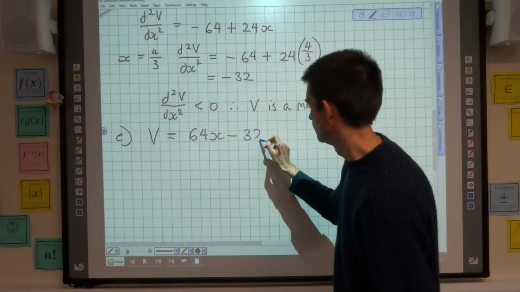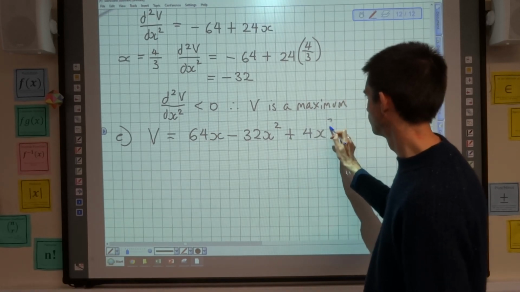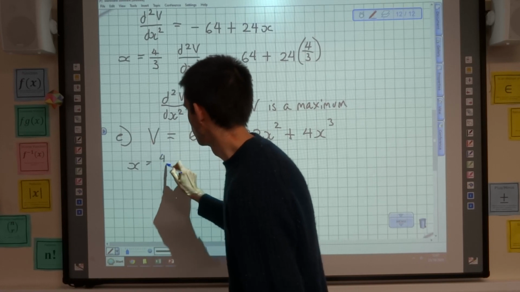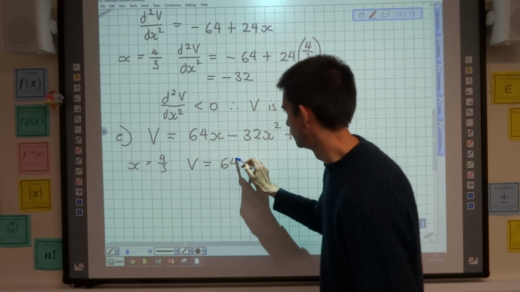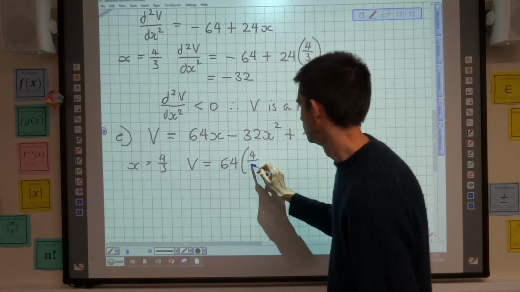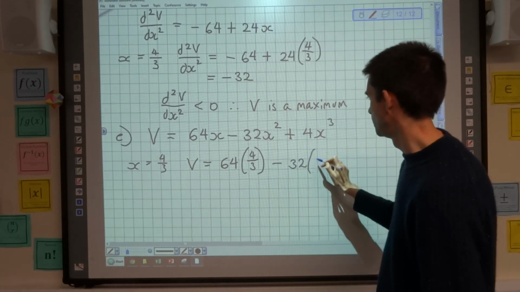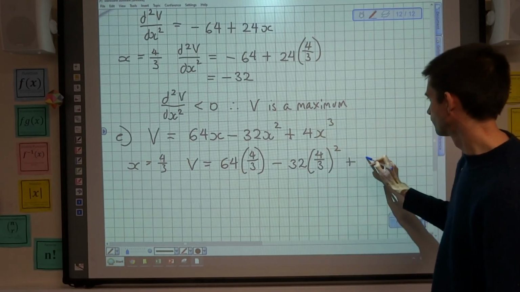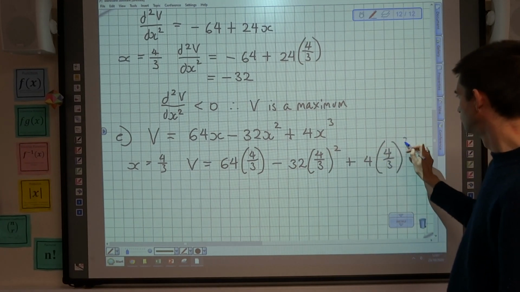So with x equals 4 over 3, v is 64 lots of 4 over 3 minus 32 lots of 4 over 3 squared plus 4 lots of 4 over 3 cubed.